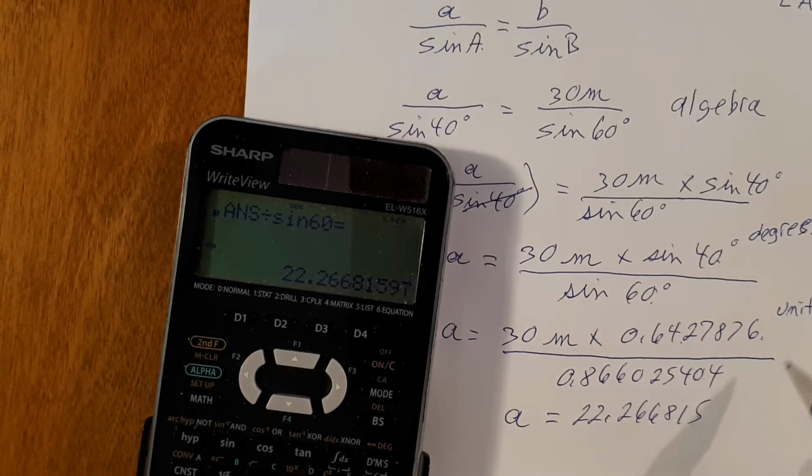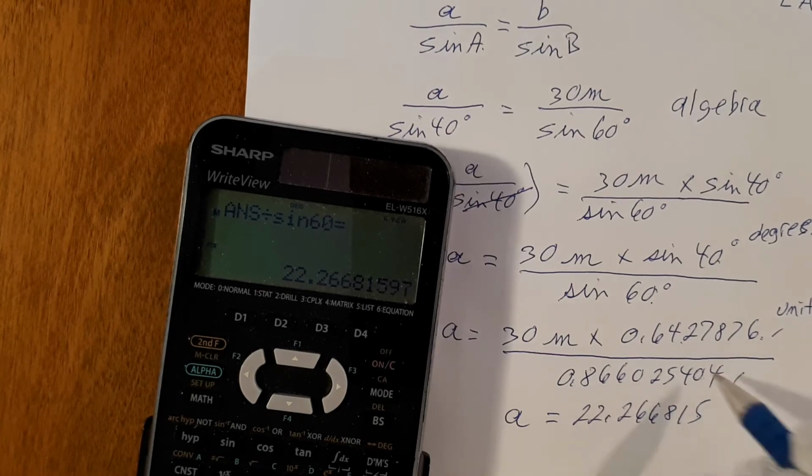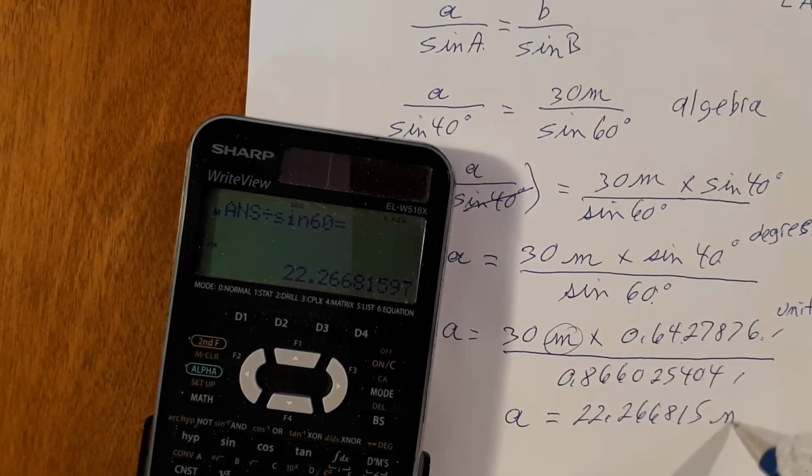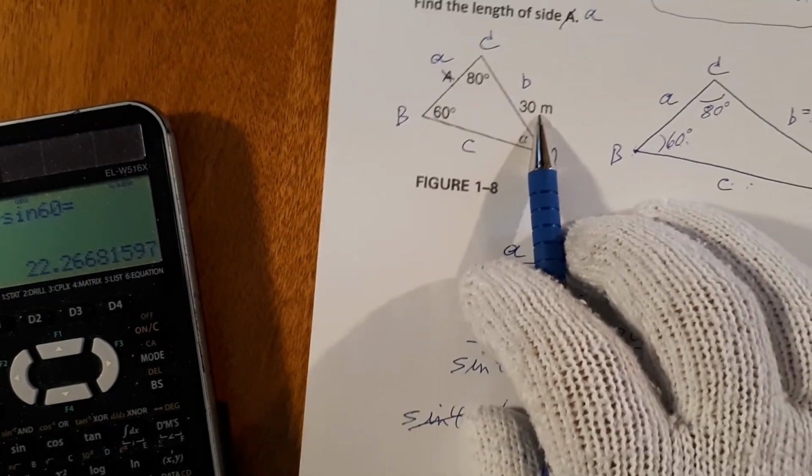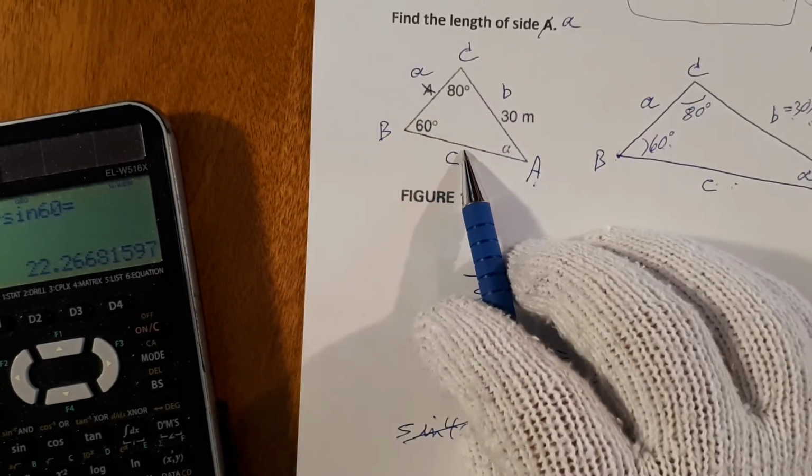And the unit that's left over, there's no units here, is the meter. And that makes sense because this is in meters. So any other one of these lengths has to also be in meters.